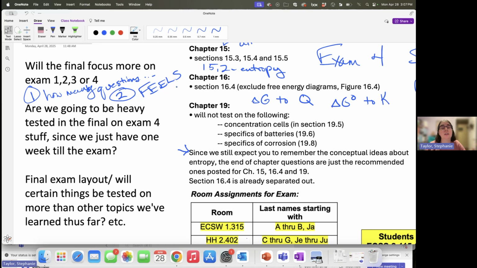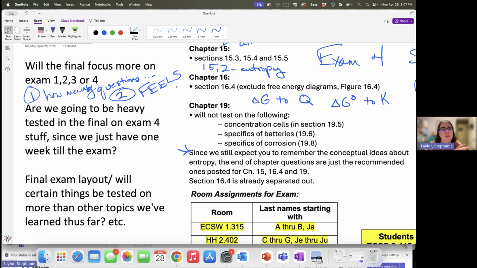Since exam 1 was so far away, and we have not dealt with molality or weight percent, we haven't done freezing point depression, we haven't talked about vapor pressure since exam 1, really. Kinetics, exam 1.